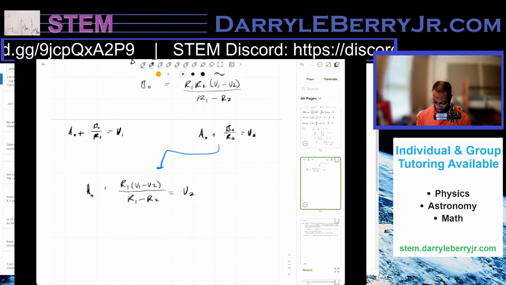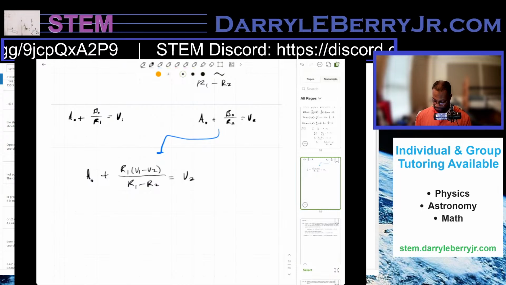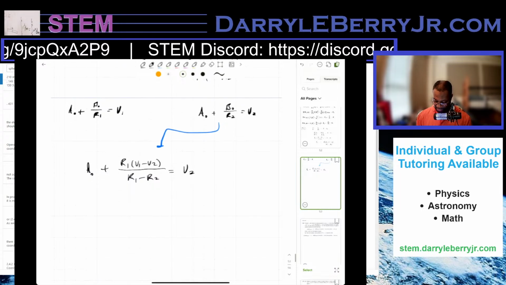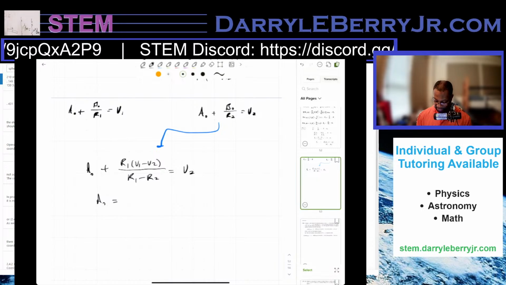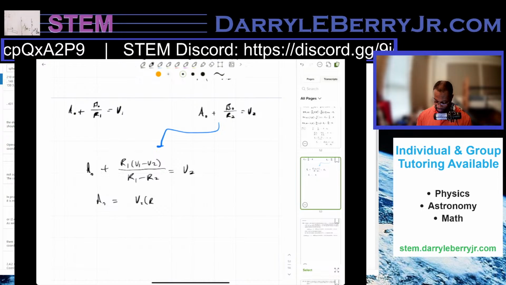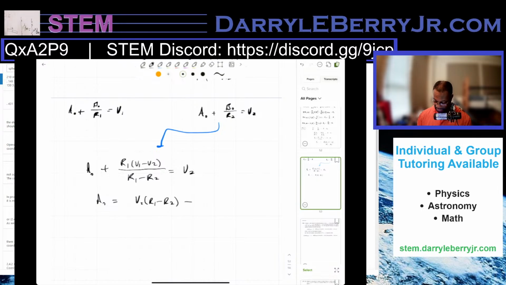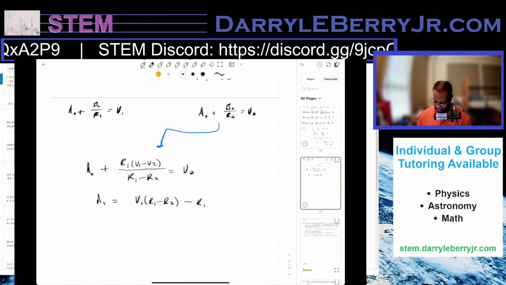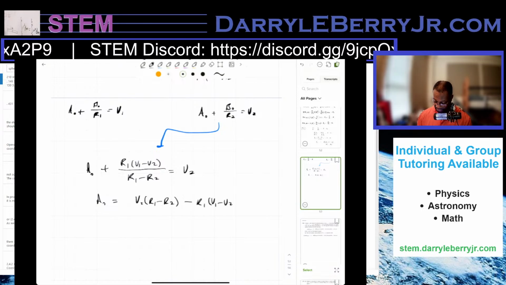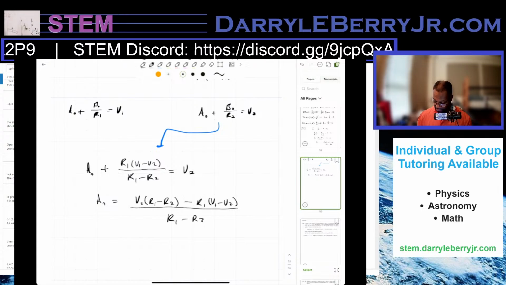That's A naught plus. Hopefully I didn't make that mistake last time. So then we have A naught equals V2 times R1 minus R2 minus R1 times V1 minus V2 over R1 minus R2.